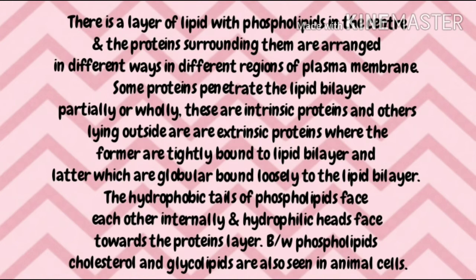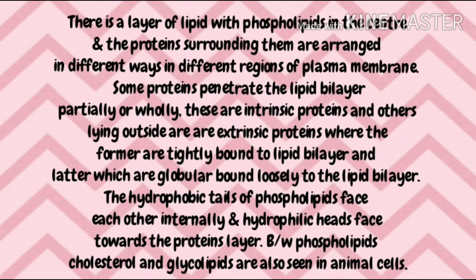In the fluid mosaic model, there is a layer of lipids, and those lipids are phospholipids. They reside at the center, and surrounding these phospholipids there are protein molecules arranged in different ways at different regions of the plasma membrane.